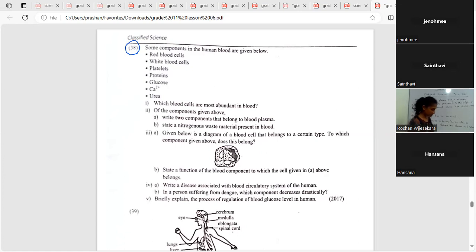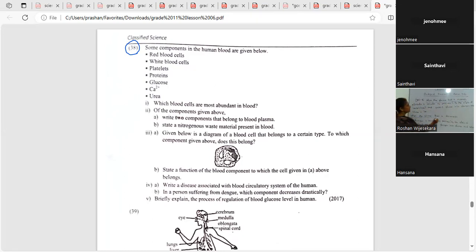That's how blood glucose level is maintained. When the glucose level is increased, insulin is secreted by the pancreas by the islets of Langerhans and converts glucose into glycogen, stored in the liver.